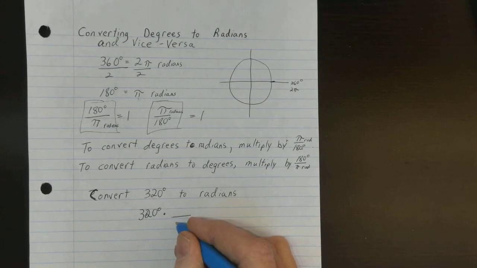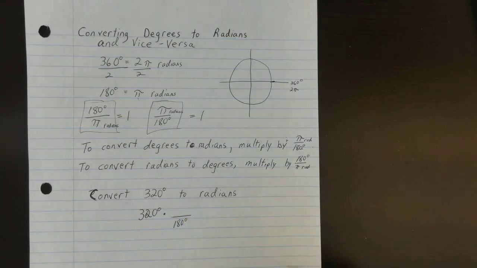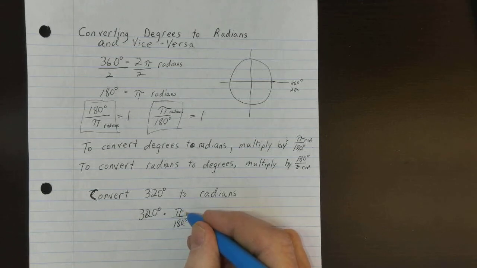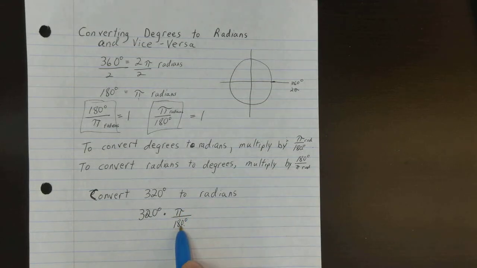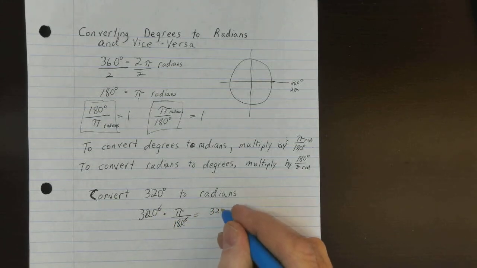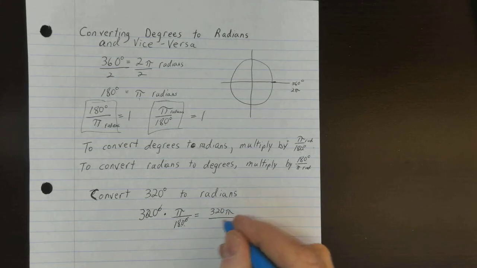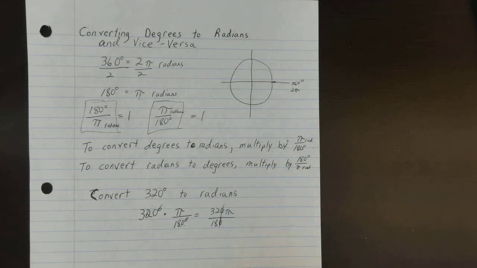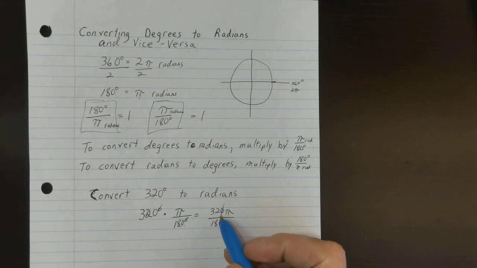I don't always memorize these steps, but I would multiply by pi over 180 because the degrees are going to cancel out. So what do we got? We got 320 pi over 180, and generally we just simplify this, what's left, and make it in terms of pi when we leave it in radians.